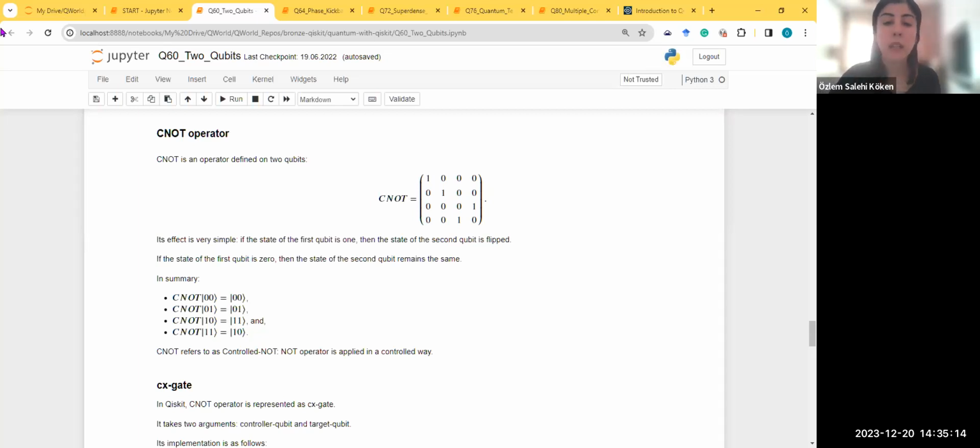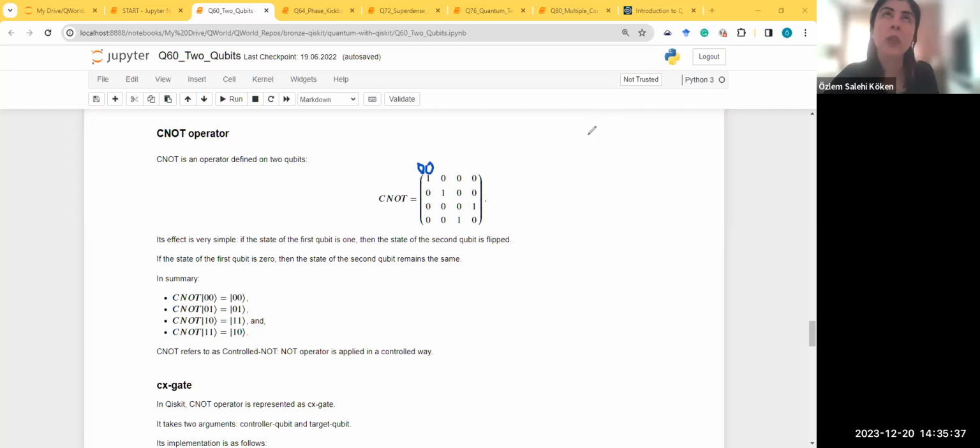And how you should read this matrix representation is as follows. Remember the table representation. We had inputs, we had outputs. And for instance, for identity or not, we had a single qubit and we had two states.